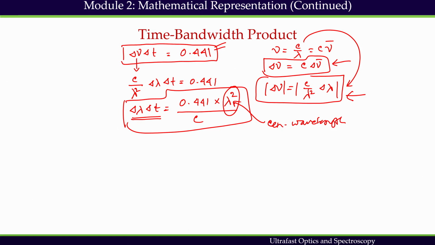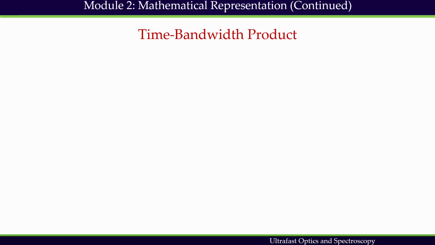So we can use these expressions and take an example of a 100 femtosecond pulse at 800 nanometer. We know the meaning of it now. 100 femtosecond pulse means that it is the full width half max of the intensity profile of the pulse. Center wavelength is going to be 800 nanometer.